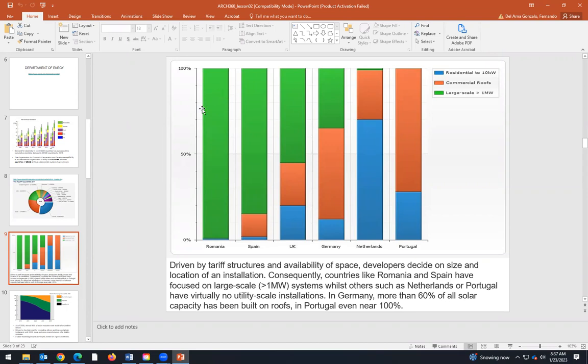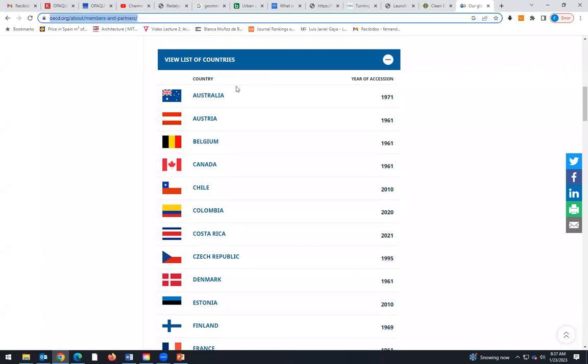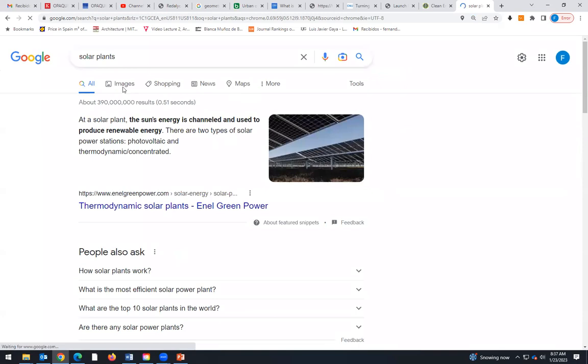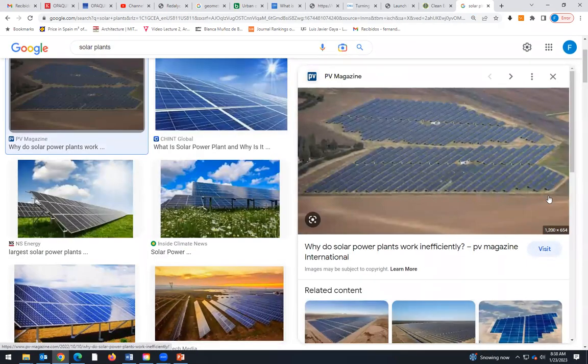We're talking about solar energy. In these two countries, what is mainstream is large scale. That means large scale solar plants, so we have a huge area covered by solar panels.